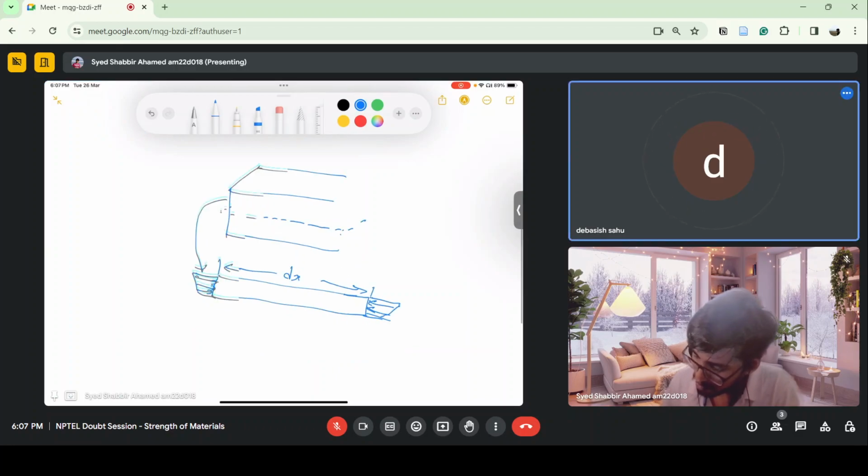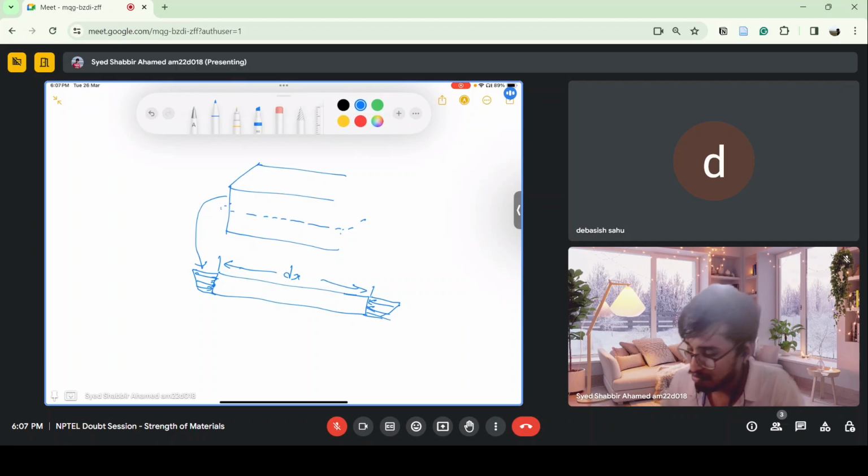So there is an imbalance of forces. For that, we should have some force which is acting in this direction. There should be some resistance on the bottom surface at this section, because if you integrate this, you will get the net force, and taking the two forces, there will be some force imbalance.